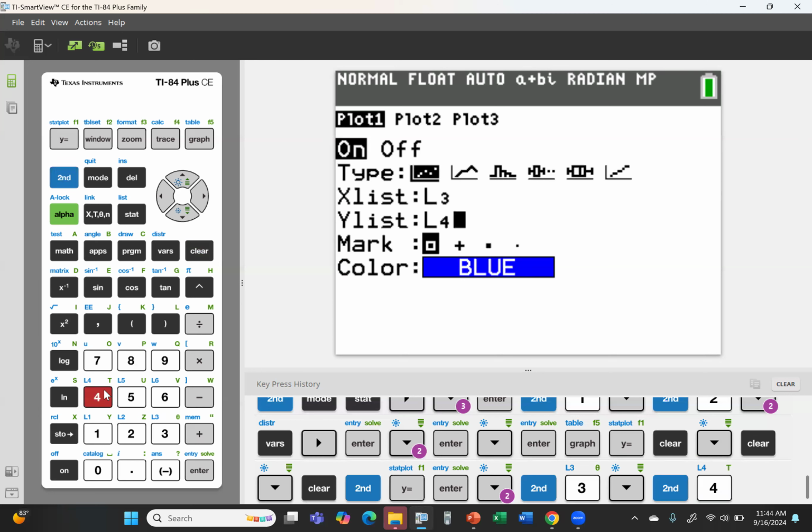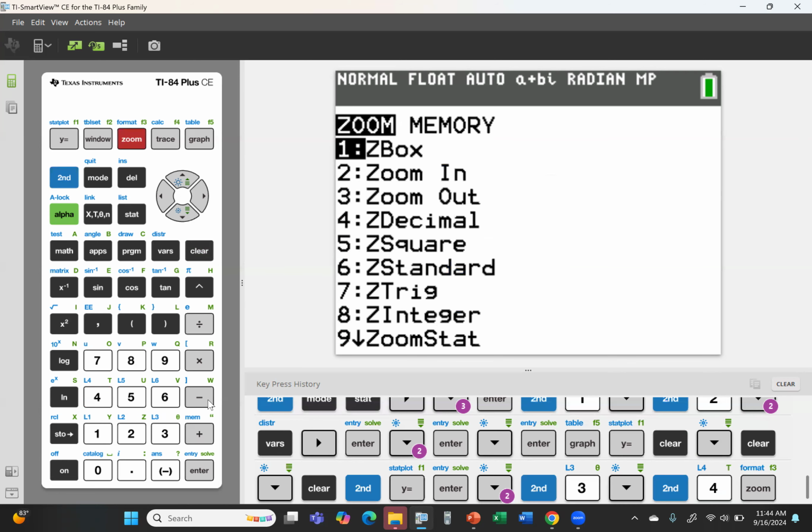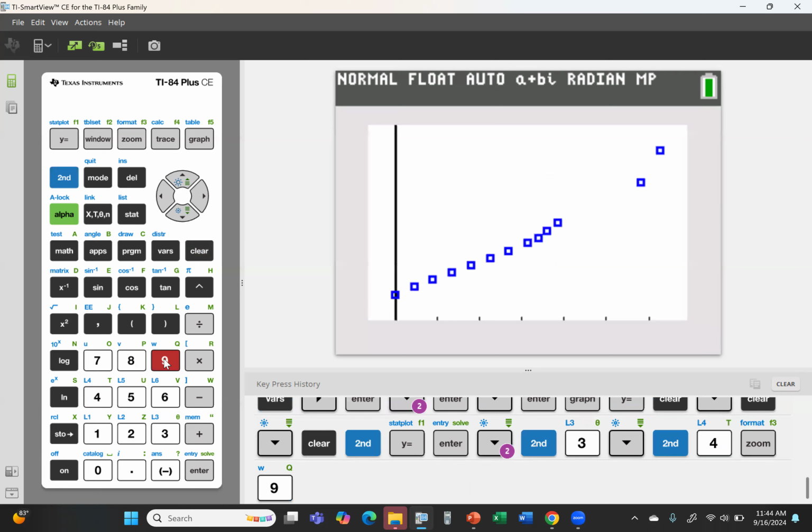All right, once I have that in my calculator, I'm again going to do a zoom 9, zoom stat, because my data's changed. And I want my calculator to adjust the window to the current set of data. So I'm going to go zoom 9. And it's in kind of an interesting shape here.